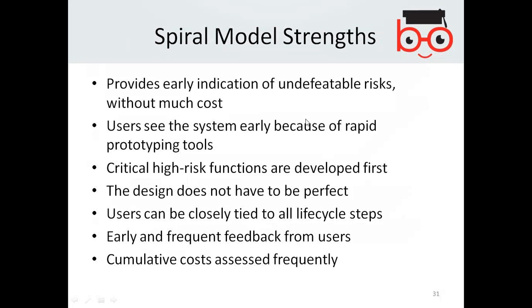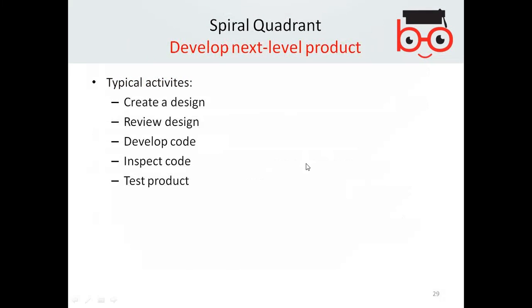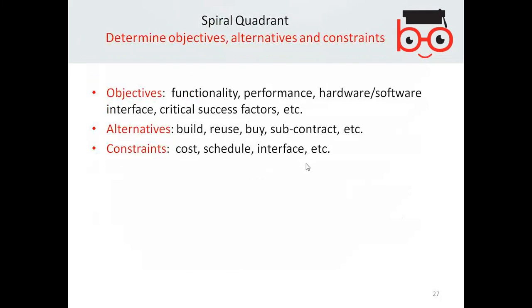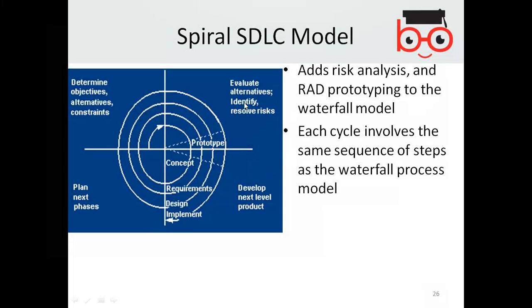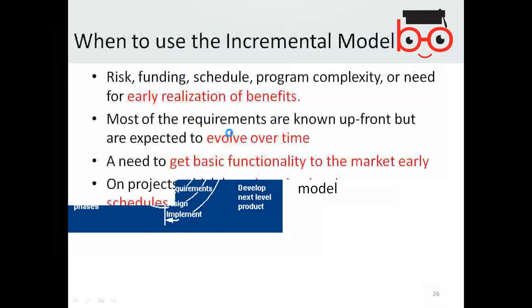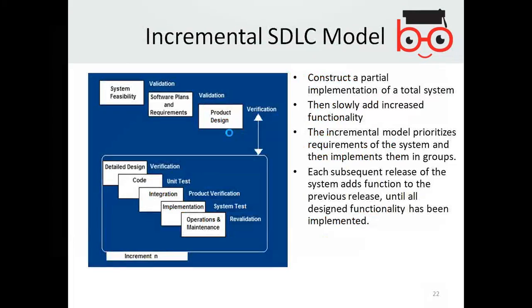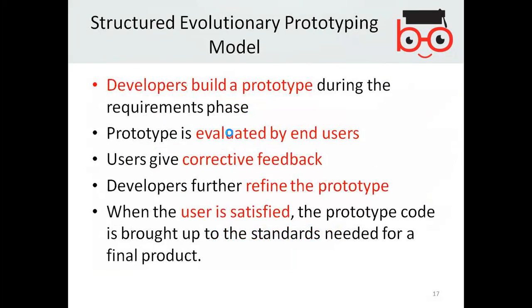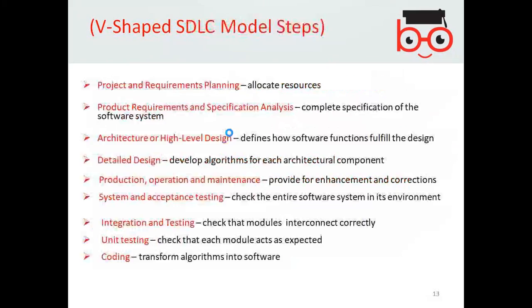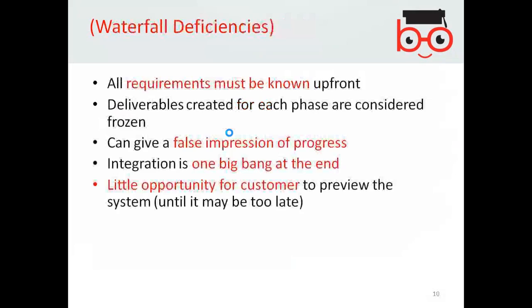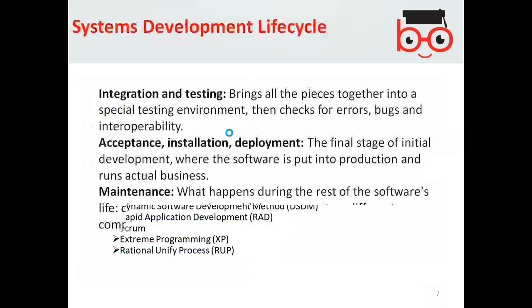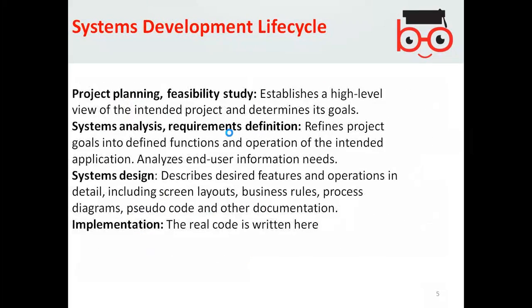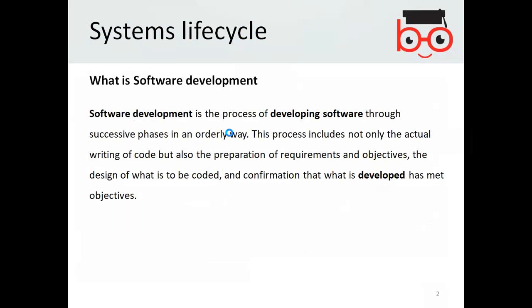However, we discussed the strengths and their quadrants, their definitions. They look like a spiral. Every stage looks like a phase, and including the risk analysis. We did the incremental model, the prototyping model, the V-shaped, the waterfall model, along with the definition of the system development life cycle and software development as a general definition.